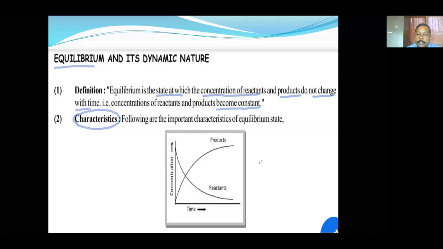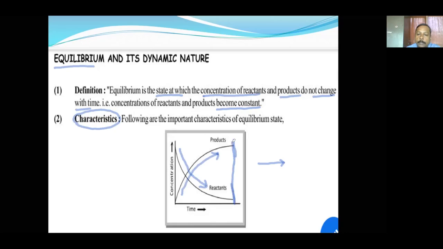As time proceeds, product will keep on forming and reactant will keep on being consumed. So you will find a decrease in the concentration of reactant and an increase in the concentration of product.